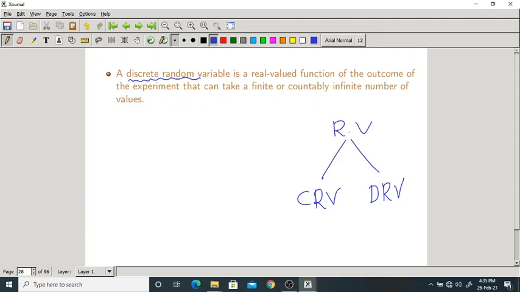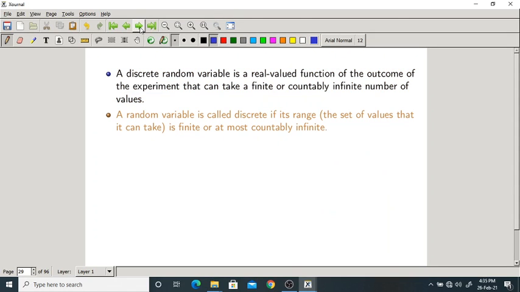Now we'll discuss discrete; later we'll discuss continuous. A random variable is called discrete if its range is finite. What is the range? The set of values that it can take.